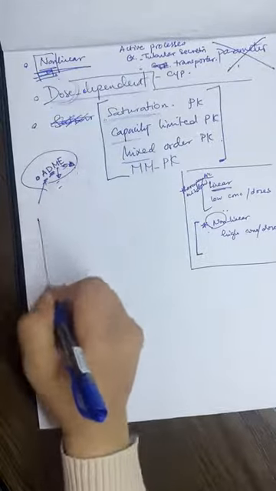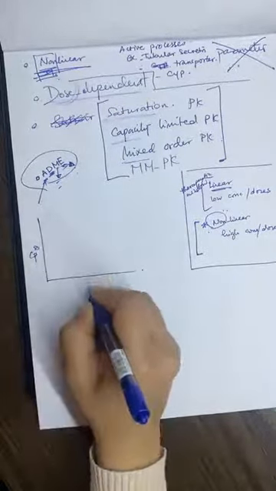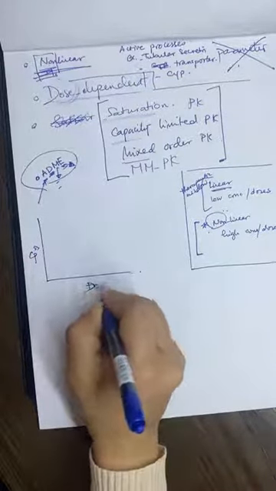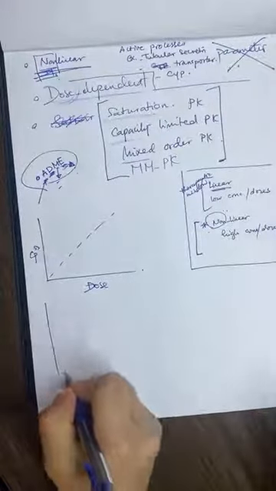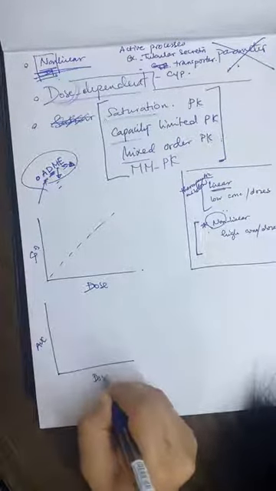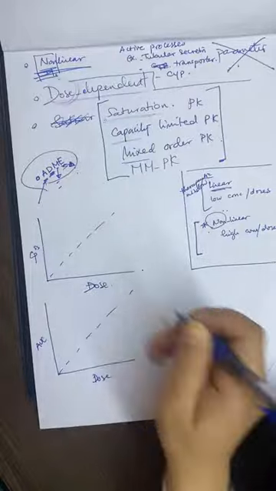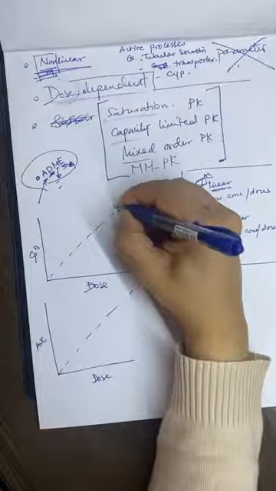The profile of the steady state concentration versus the dose of the drug, if linear, should act like this. If it's area under the curve versus dose, again it should act like this. In nonlinear, let's make it linear.